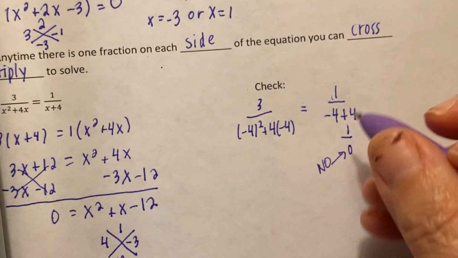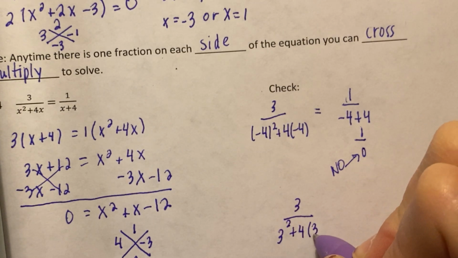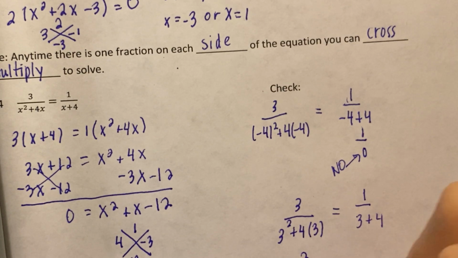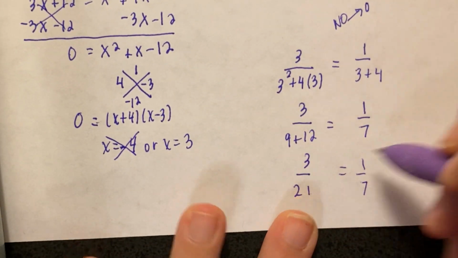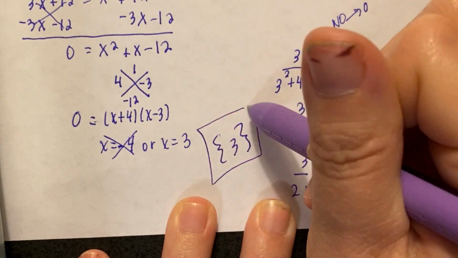So now I'm going to check the 3. 3 over 3 squared plus 4 times 3. Does that equal 1 over 3 plus 4? So does 3 over 9 plus 12 equal 1 over 7? Does 3 over 21 equal 1 over 7? Yes, it does. So my only solution to this one is 3.